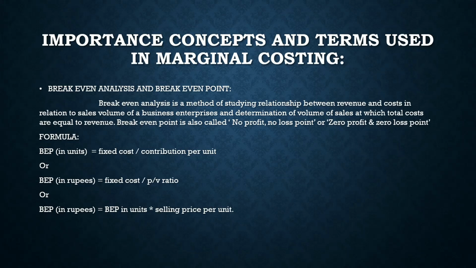The BEP is the level of sales where total cost is equal to total revenue. That is why it is called the no profit, no loss point. The formula for BEP in units is fixed cost divided by contribution per unit; BEP in rupees is fixed cost divided by PV ratio, or BEP in units into selling price per unit.